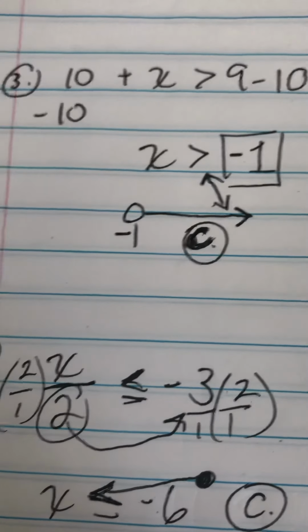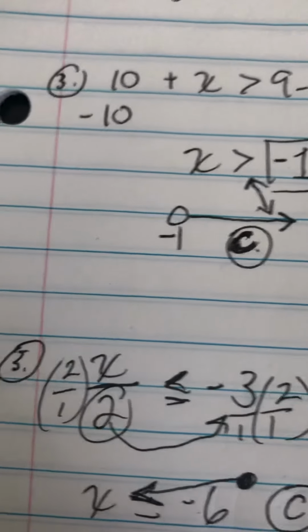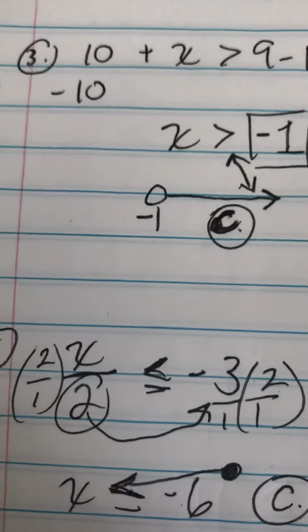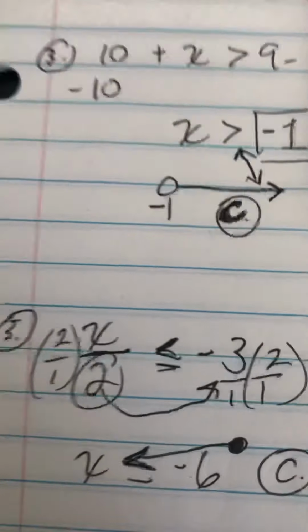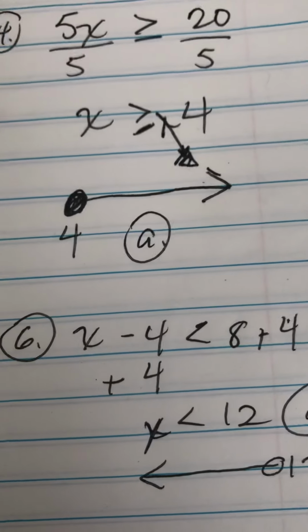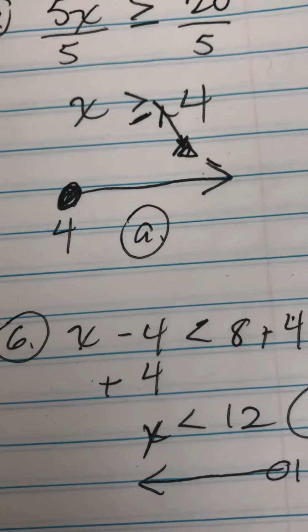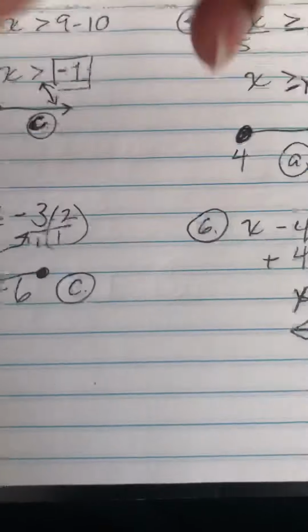Sorry, guys. Make sure I'm checking these while I'm doing this. But you guys are doing great. So go back up here and double check. It should be D, right? D, 12. That's why it's not D, you guys, because it's not circled in. It doesn't include it. See, that's why you gotta always double check.